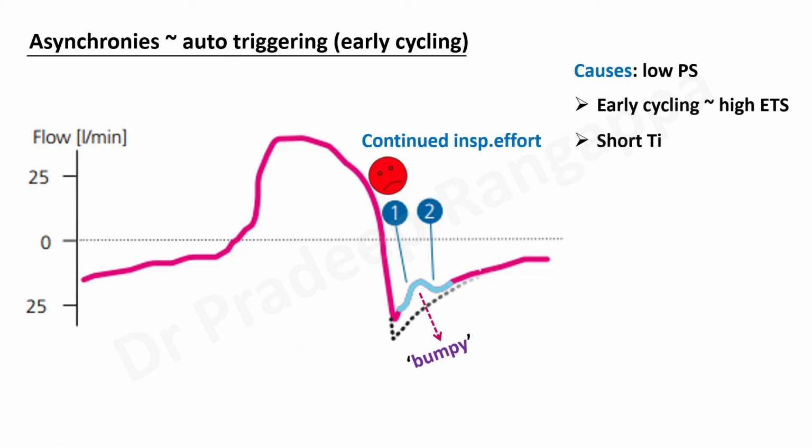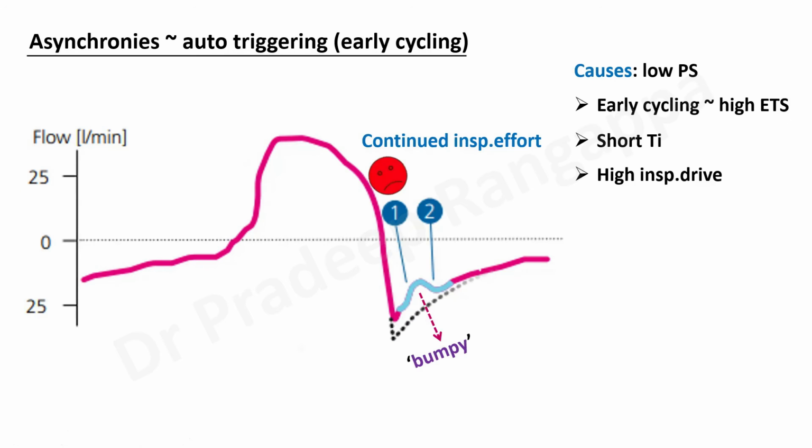So there is an additional inspiratory effort during the expiratory phase and high inspiratory drive. Basically your inspiratory support is low and there is a short inspiratory time, which leads to this auto triggering, which we call early cycling.